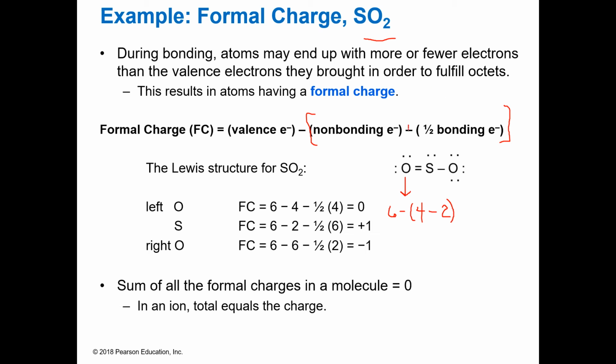Sorry, I put minus here and it should be plus. Confused myself. And so I get 0 as my formal charge for that oxygen. So let's look at sulfur here. Sulfur is in group 6. There's 6 valence electrons. It has 2 non-bonding.